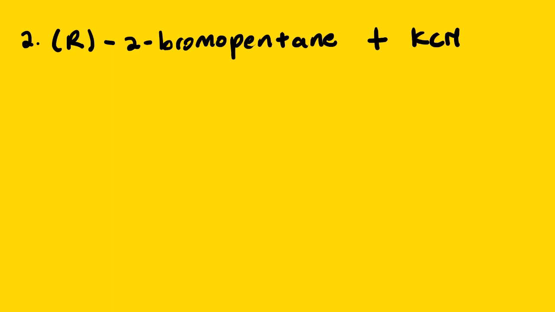So there is a lesson video that explains this in detail, and also practice questions whereby we look at more examples of this R and S configuration. So you're looking at R-2-bromopentane. Now we have to react it with potassium cyanide. And then we have to convert this into a Lewis structure.